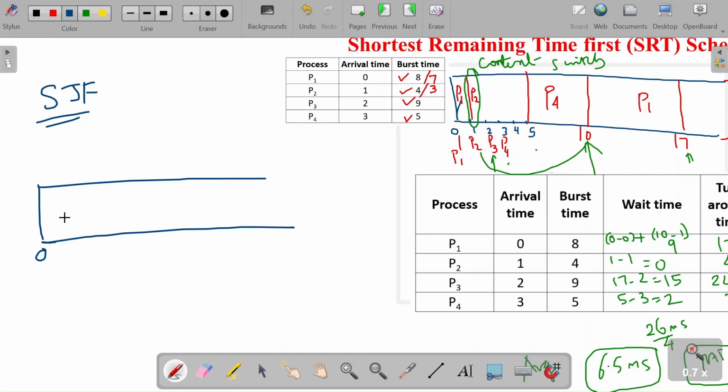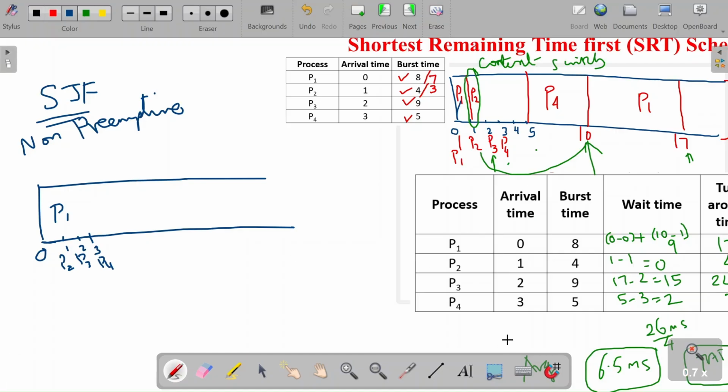At time 0 there is only P1, so P1 starts its execution. But it is non-preemptive. SJF is non-preemptive in nature, so remember that. Once it is allocated the CPU, it won't release the CPU until its completion. So even though at time 1, 2 and 3 we have P2, P3 and P4, P1 starts execution.